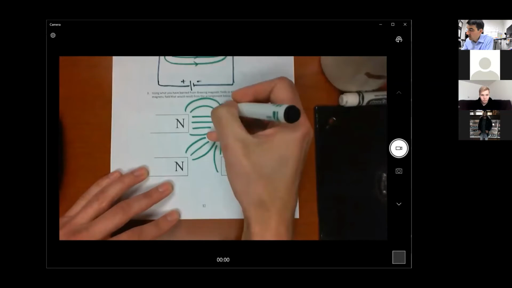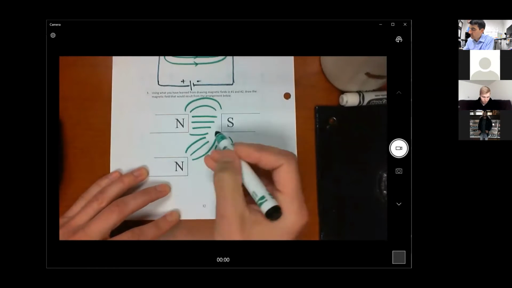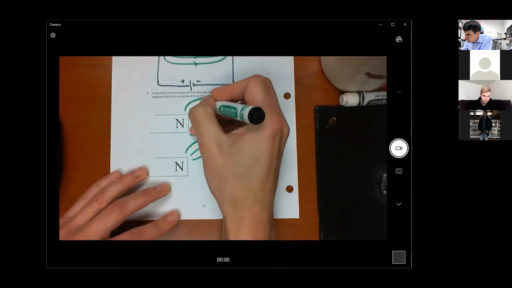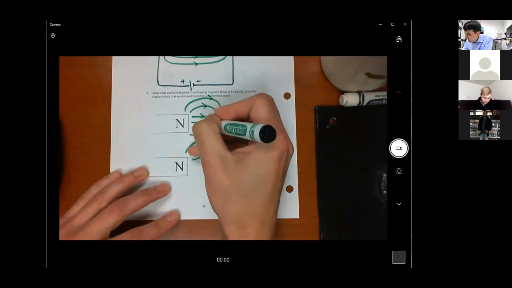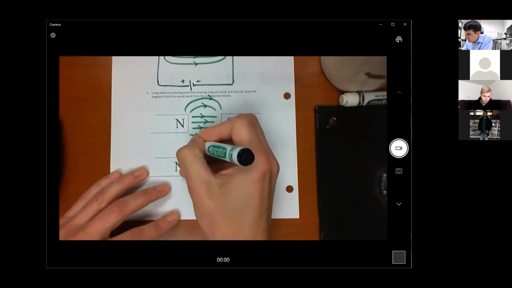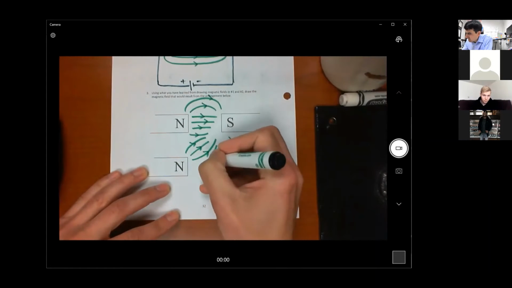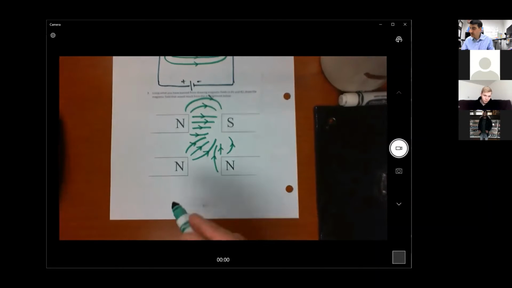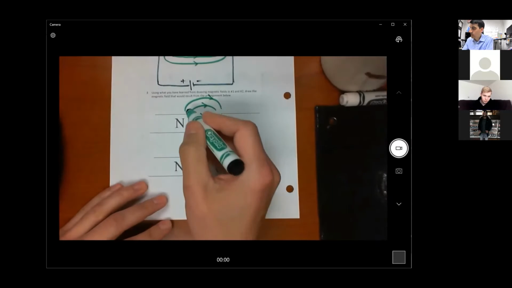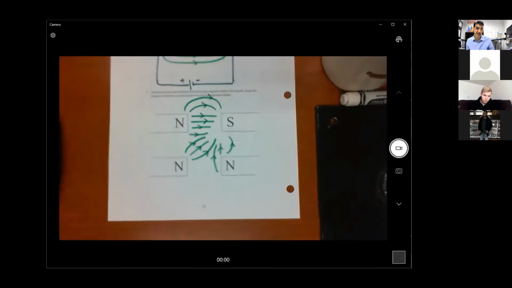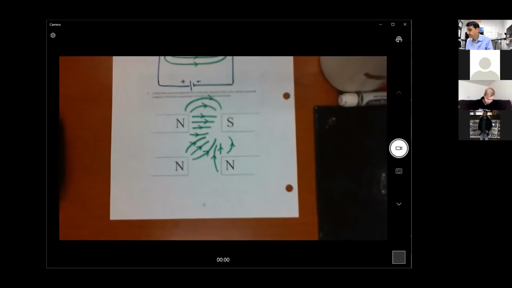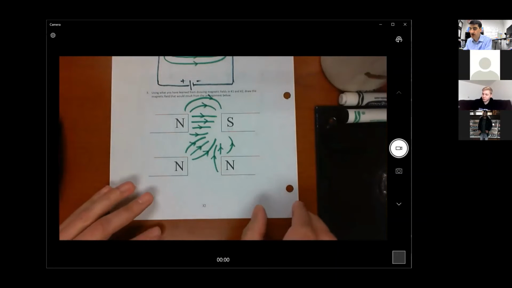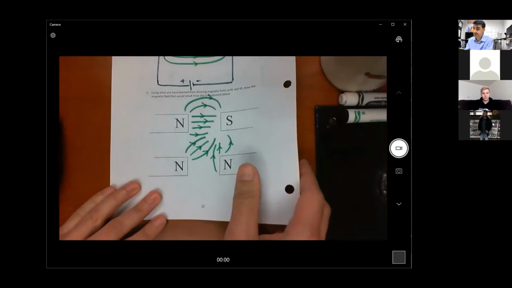Kind of like that. And then all of them are going from the various north poles to the south pole. So your arrows should look something kind of like this. Yep, something like that. Those are your lines of magnetic flux. You could draw more in here, but basically that's what they're going to look like. Okay, that was problem set number 13. Are there any questions about problem set 13?